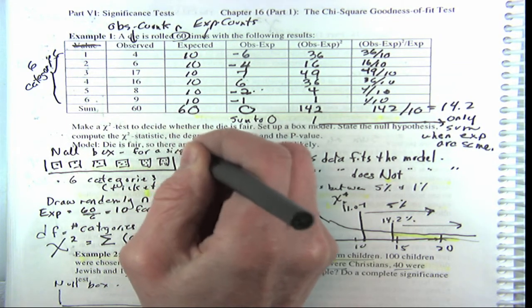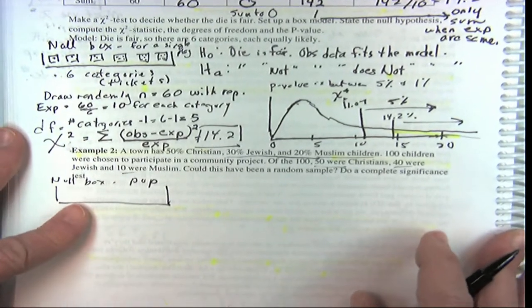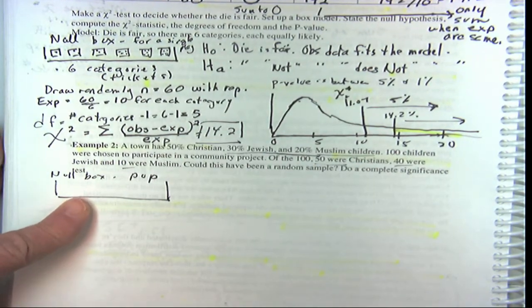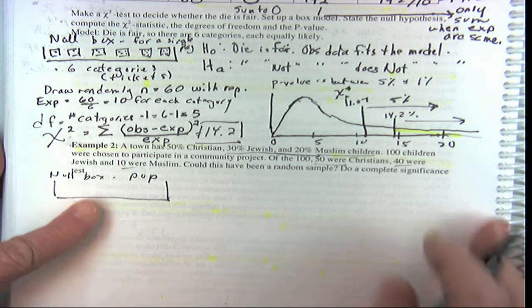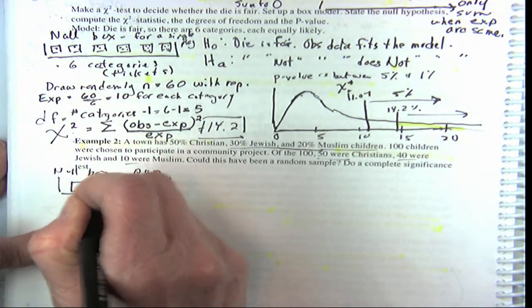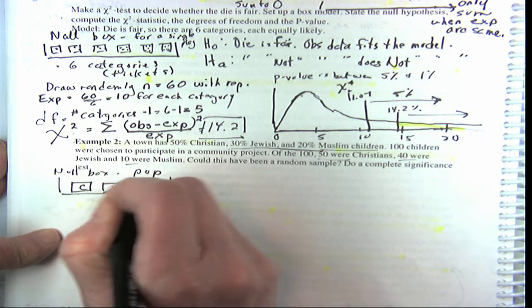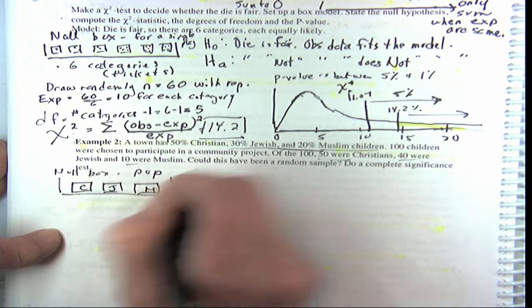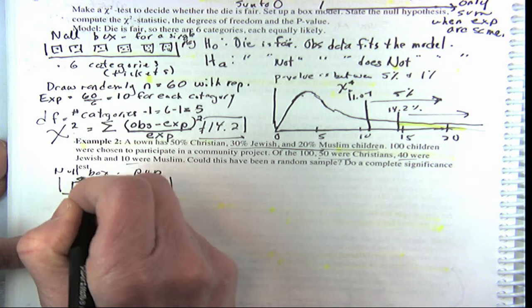The logic is exactly the same as our hypothesis test. We just have a chi-square statistic. That's the only difference. So in our population, we have Christians, Jewish, and Muslim, at 50%, 30%, and 20%.